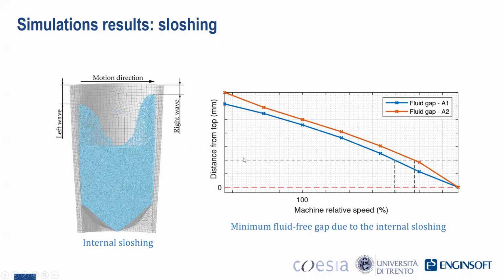So in particular here, if we fix this distance, we can see that we can move to higher speeds when the pouch is more opened. So again, a trade-off between what we saw previously on the deformation of the pouch and here on the sloshing and the sealing step.